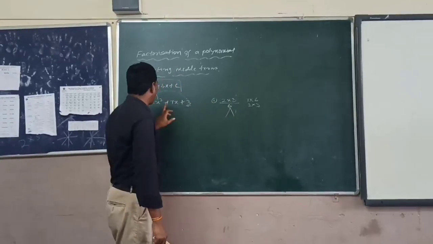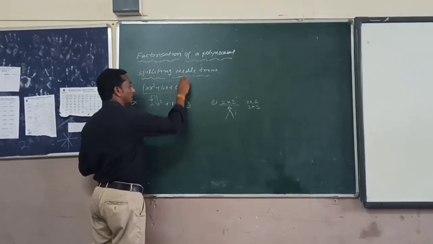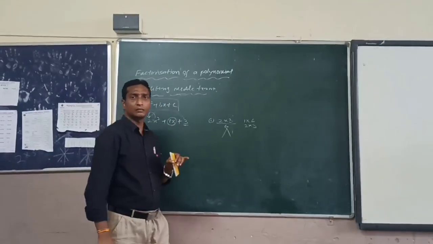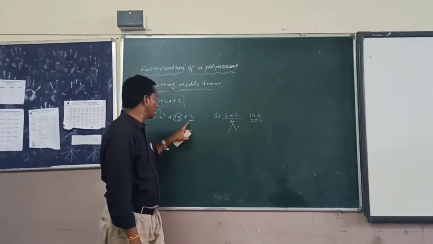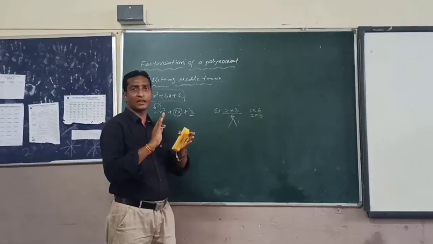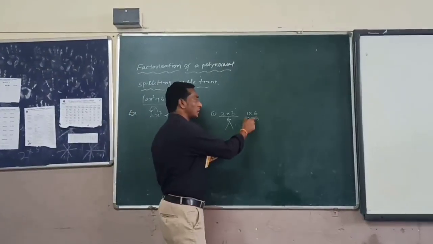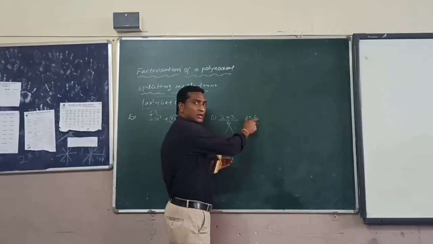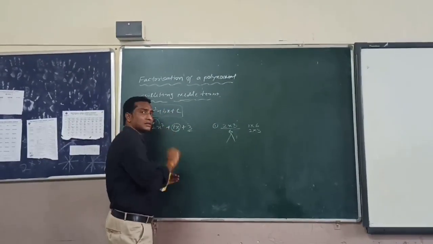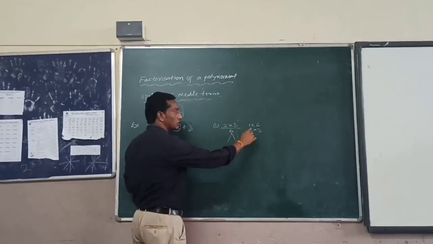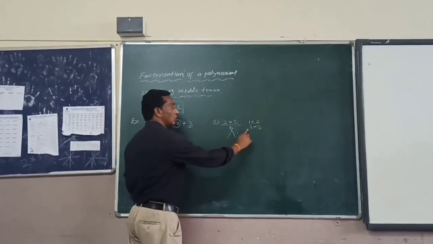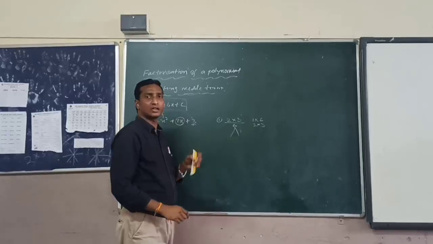What is the middle term in the given polynomial? 7x. We add or subtract these two multiples to get the middle term 7. 1 plus 6 is 7, it is possible. 2 plus 3 is 5, it is not possible.